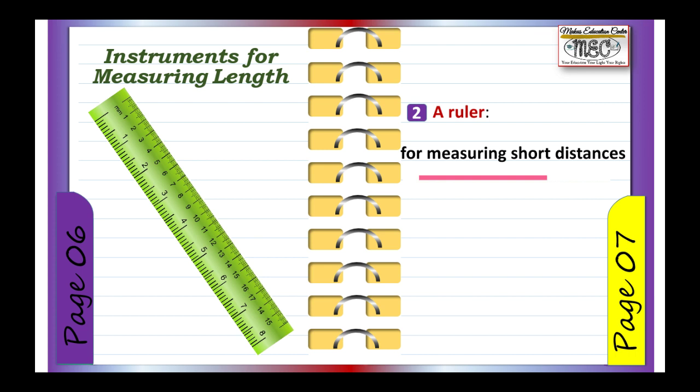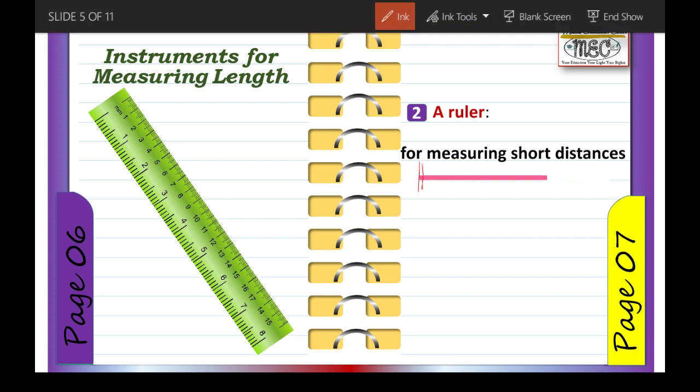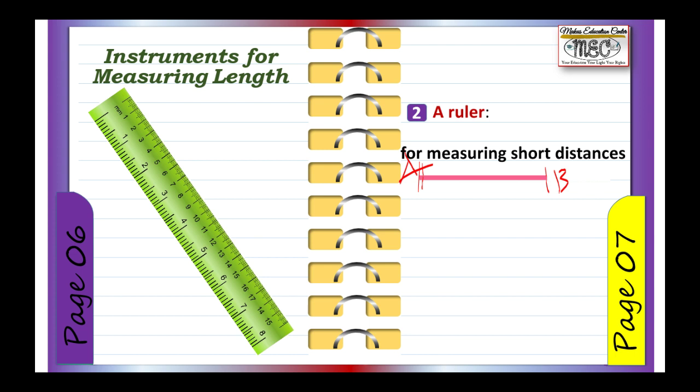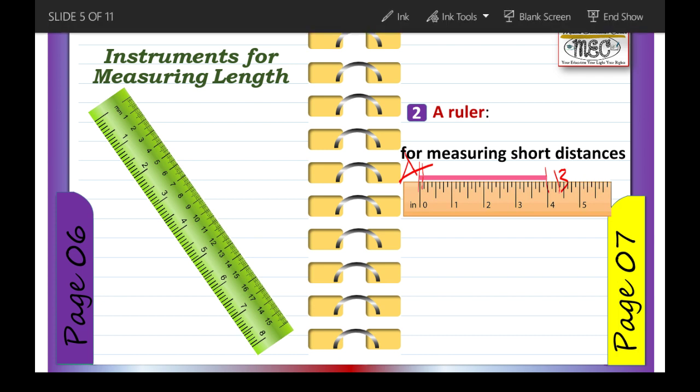You have a line here which is in red, and then for you to measure it, you have to put a ruler on the line in a way that the first point, let's call it A, and this is the point B. So you have to make sure that the point which is marked A is put exactly at 0. And then you record. What did you record? You have to record the number that you get at the last point.